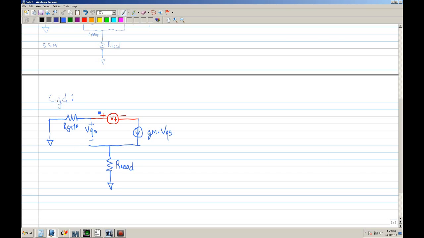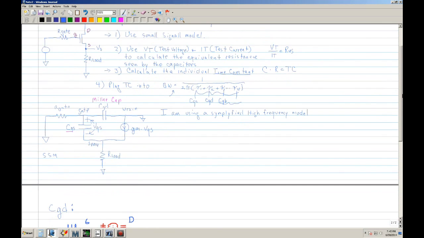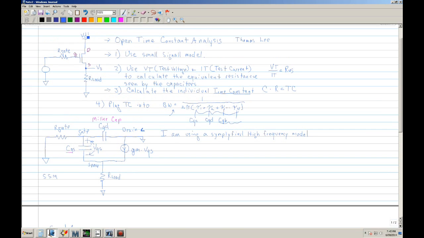In this case, this is where CGD was. It was connected from the gate to the drain. If you look up here, the drain is connected to ground, because when you do a small signal analysis, the sources are grounded.